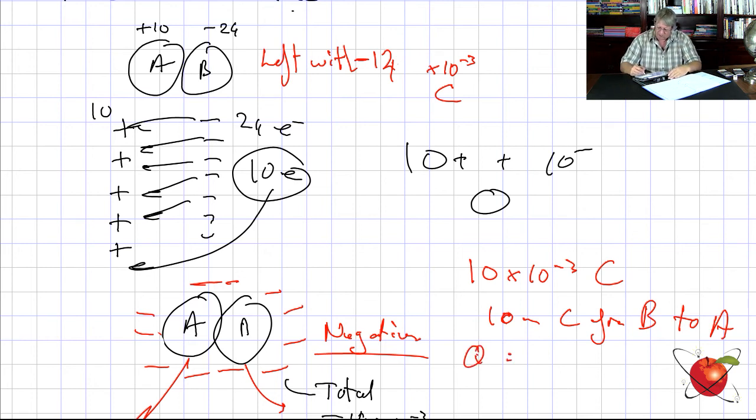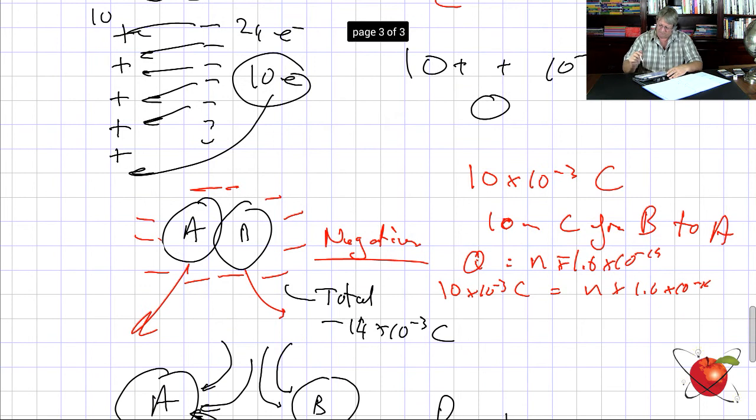Well, Q is equal to N times 1.6 times 10 to the minus 19. And we had that flow. It's a negative, or we took it away. It's not really too critical. Flowed from there to there. So how many electrons went across?